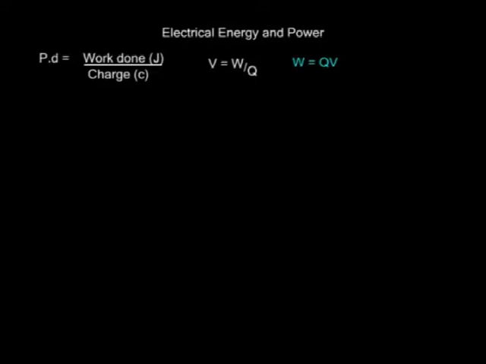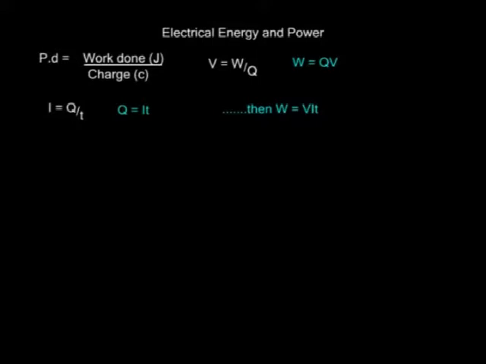Again, in electrostatics, we said that current is charge per unit time. That is, I is equal to Q over T, which means that Q is equal to IT. Given that W is equal to QV and that Q is equal to IT, then W is equal to VIT. This is also an expression for work done.